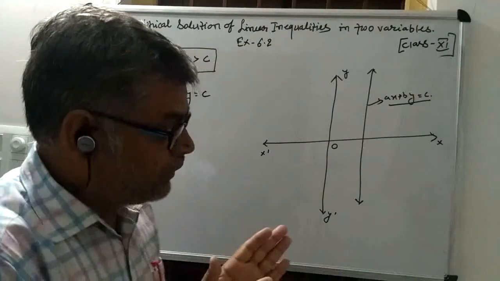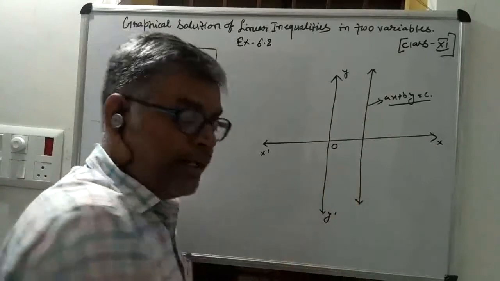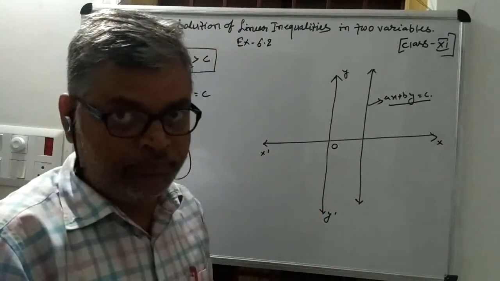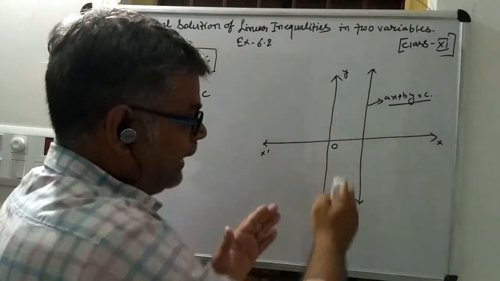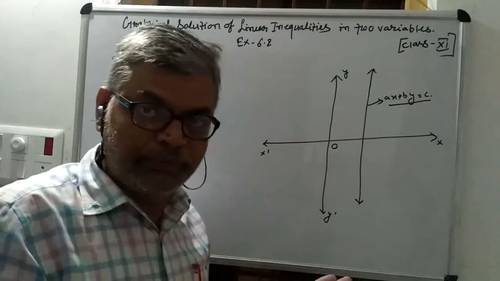Then you can easily understand that this line is dividing the Cartesian plane into two halves.